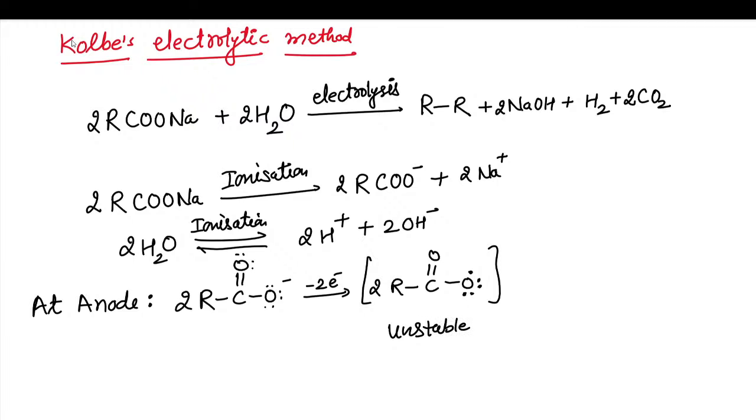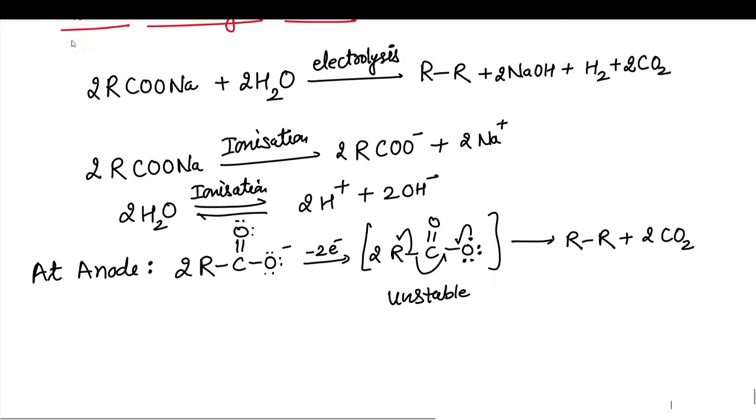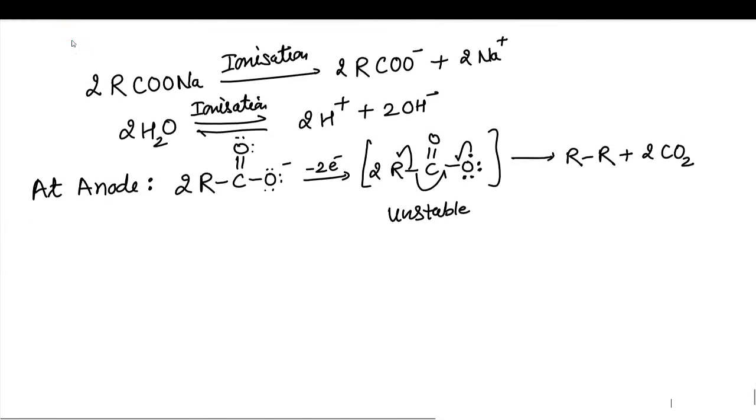So it immediately gives CO2 along with 2 alkyl free radicals, and those 2 free radicals attach with each other and we get an alkane along with 2 CO2. Sometimes the question is, where is carbon dioxide formed? So carbon dioxide is formed in Kolbe's reaction at the anode, along with the alkane.